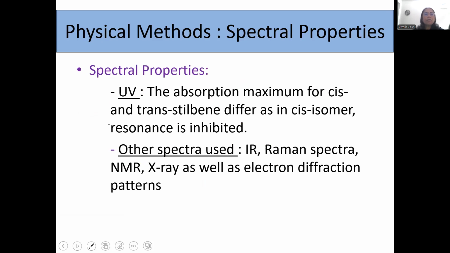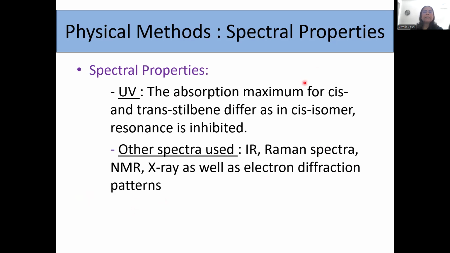The second type of physical methods are spectral properties. Although you have not learnt about spectroscopy, just try to understand that there are various types of spectra which can be used. The different spectra are UV, IR, Raman spectra, NMR, X-ray, and electron diffraction patterns.